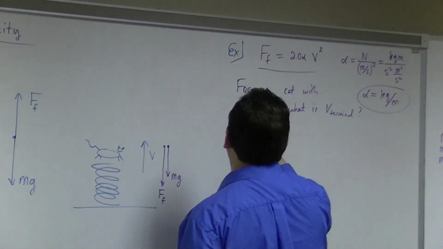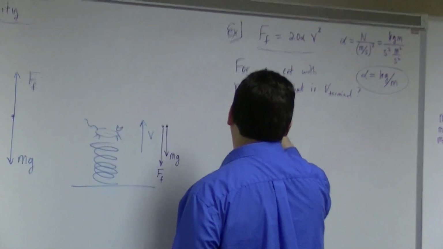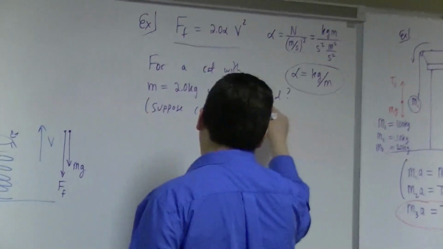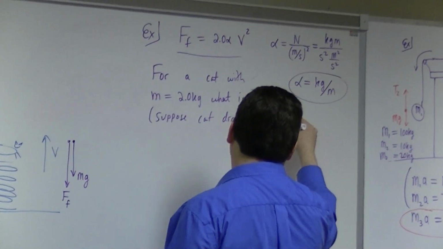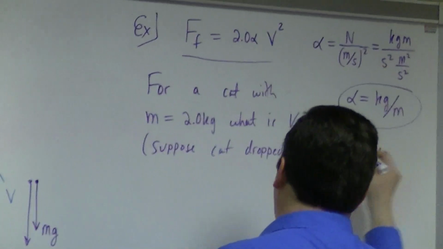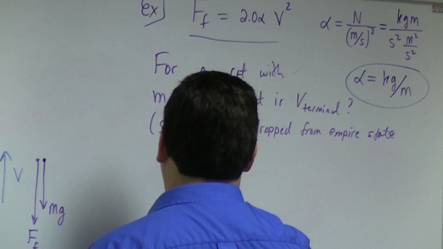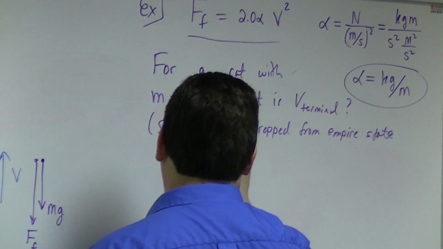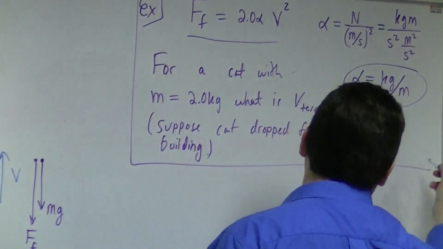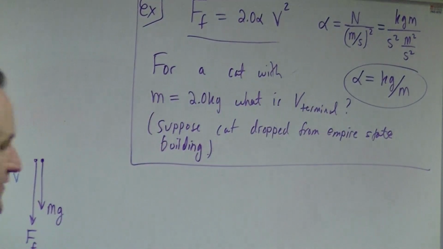And suppose the cat is dropped from the Empire State Building. All right. Now that we've got the circumstances clear, this is a happy example. So what's the terminal velocity?